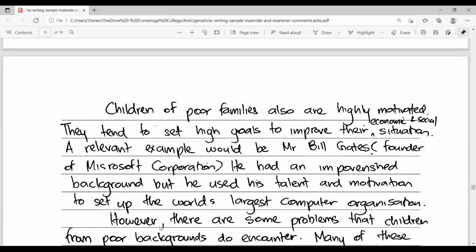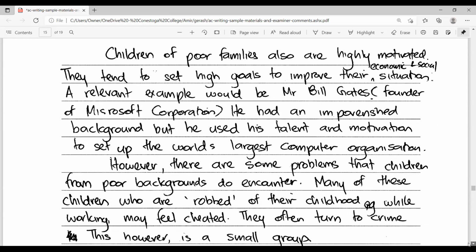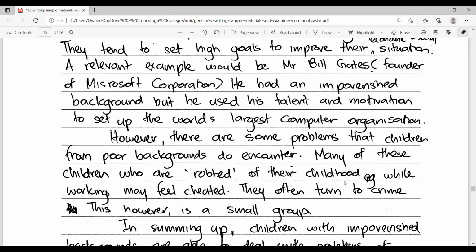So it is very important to look at this fourth paragraph. That is the penultimate paragraph, and it is one of the most important paragraphs that help to get 8 plus in your task response. It is very important.